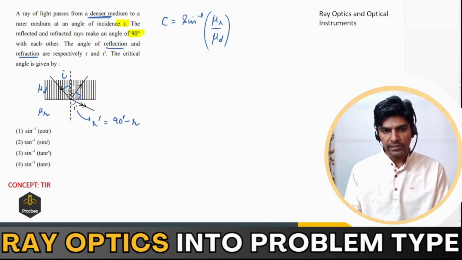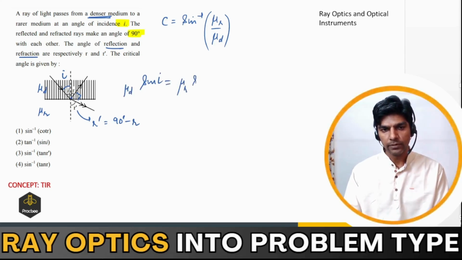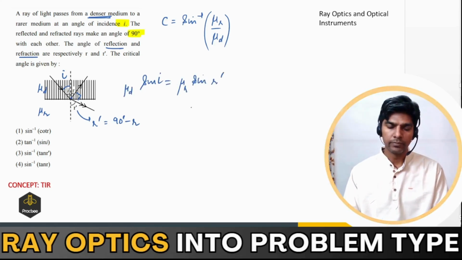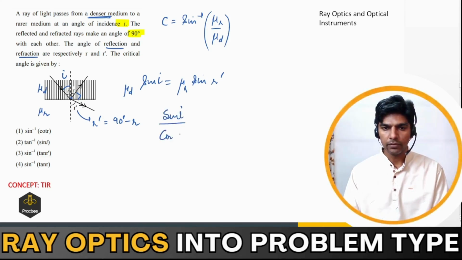So if we apply Snell's law at the point of incidence, so sine i times mu d is equal to mu r times sine r prime. So which can be written as sine i divided by cos i equals mu r upon mu d, and this is nothing but sine c.